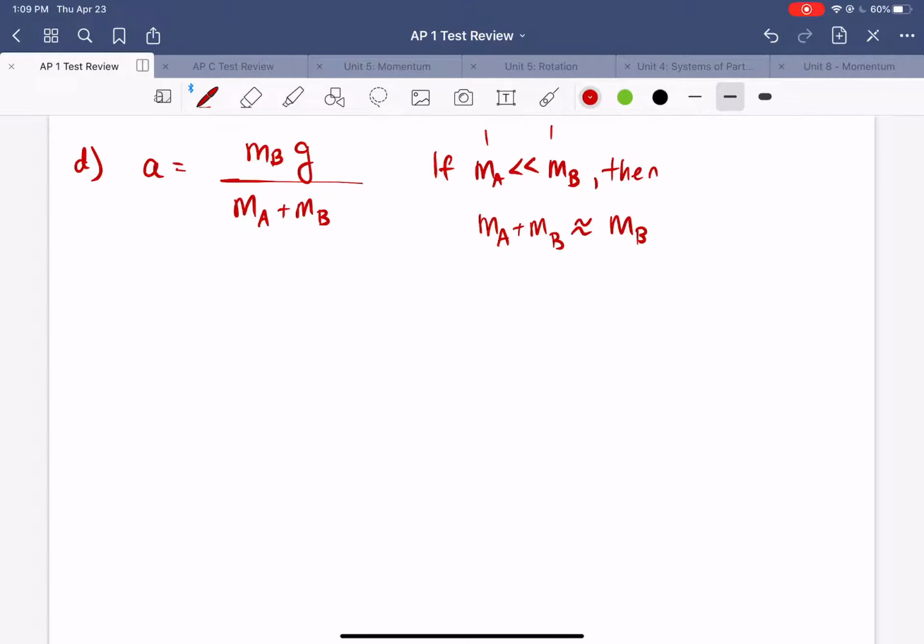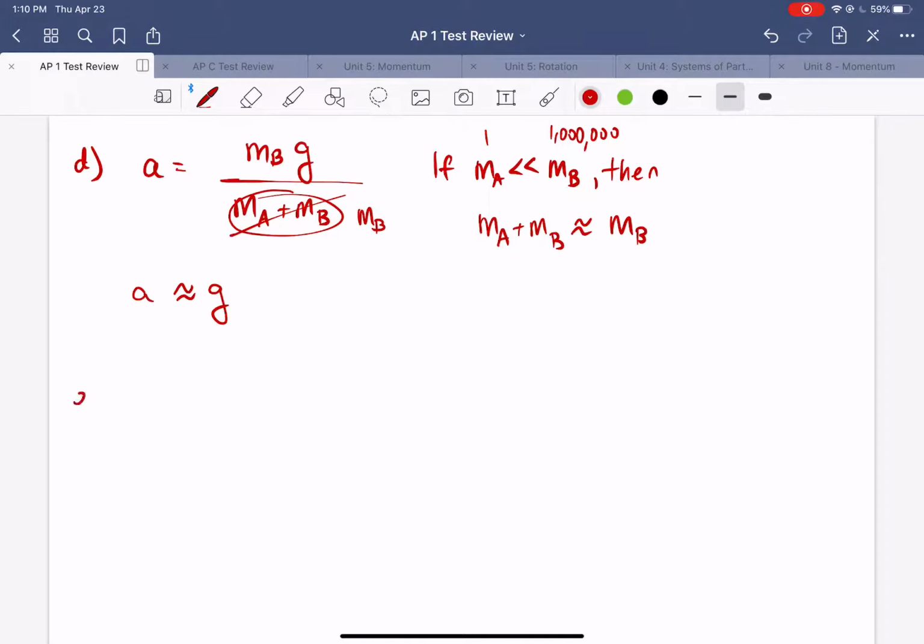If this is 1 and this is 1,000,000, then if you add m_a and m_b together, you can just ignore the mass of A, right? It's tiny compared to the mass of B. So that means our denominator here, we can just write as the mass of B. So if we ignore the mass of A, we get m_b g divided by m_b, and our acceleration is in fact roughly equal to g. So yes, everything does check out. Our answer for part C agrees with our qualitative answer for part A.